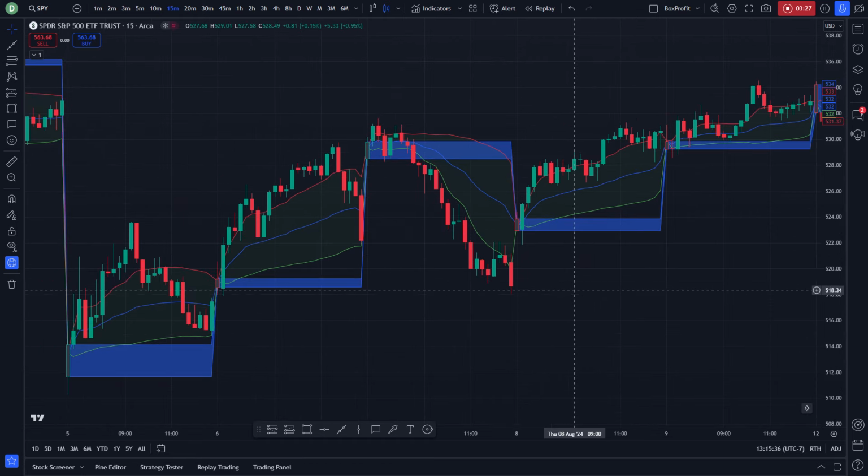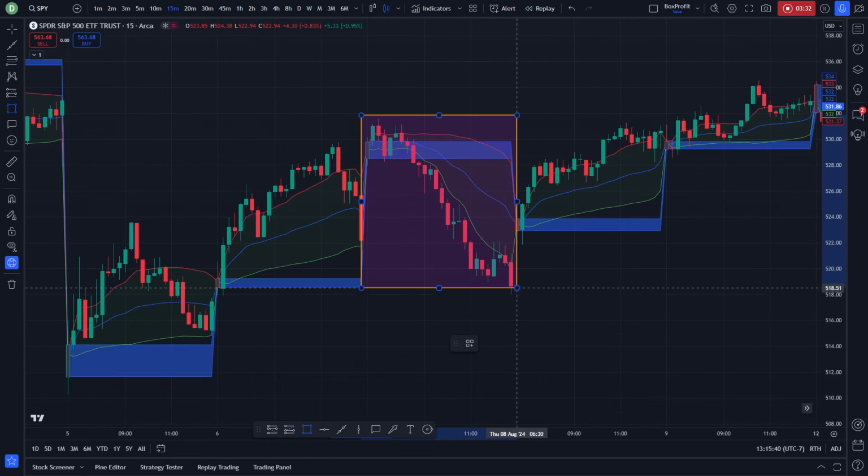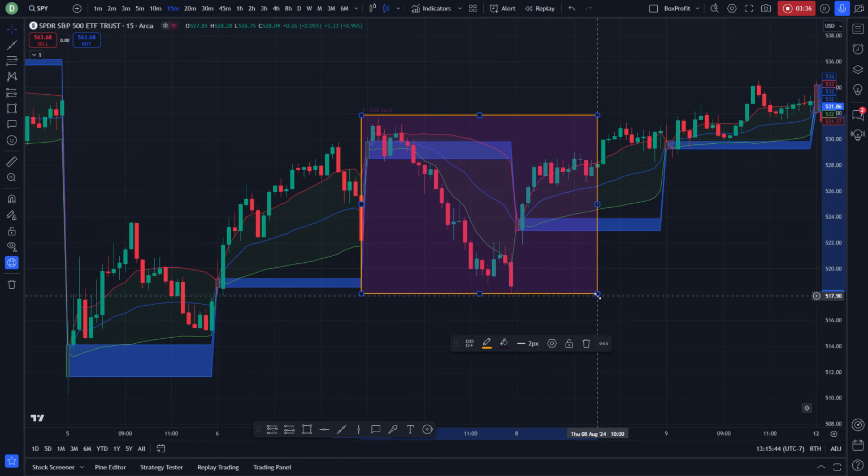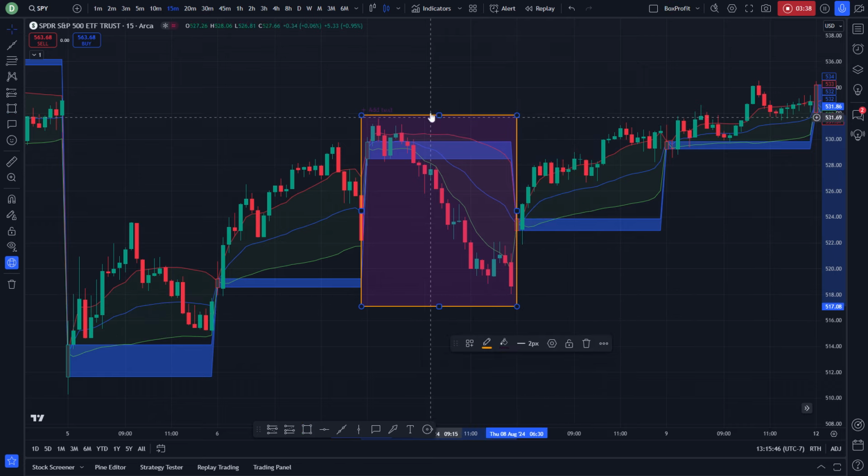If you look at this particular day, which is 1 day, the day opened and everything was fairly bullish, and all of a sudden that breakout turned out to be bearish, where there was that consolidation.